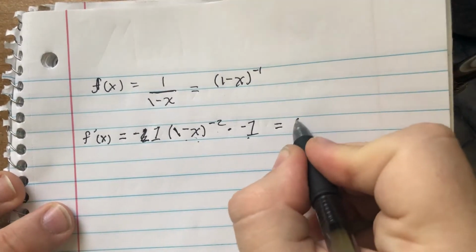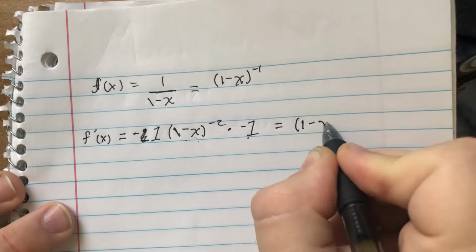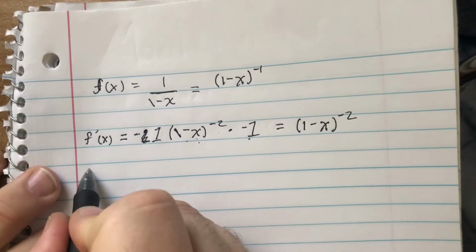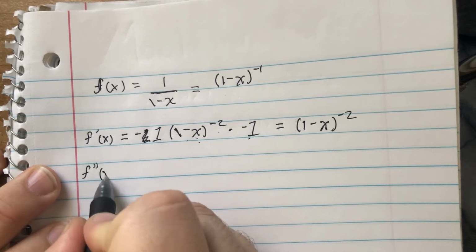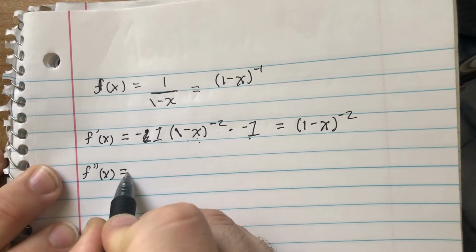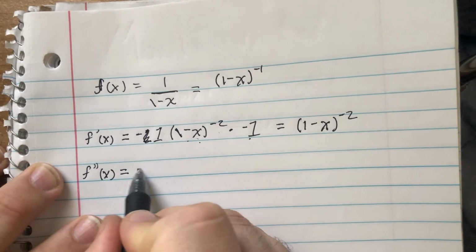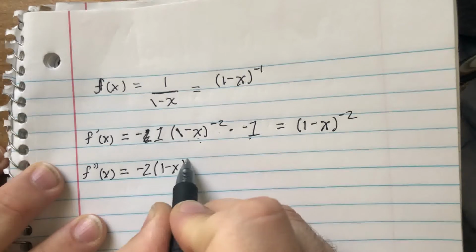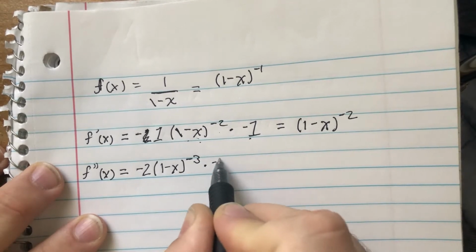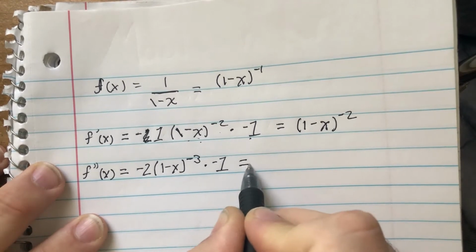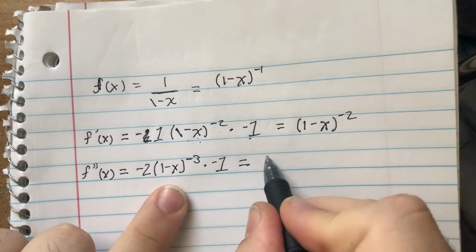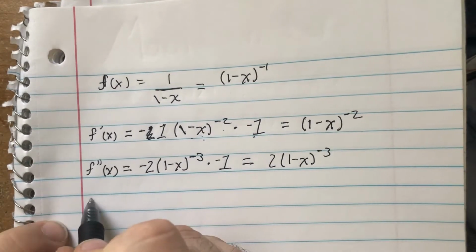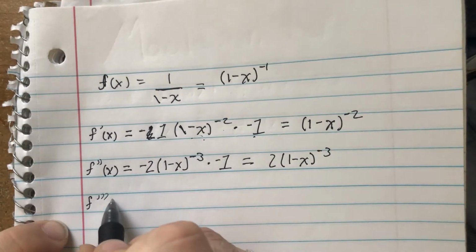So this gives us 1 minus x to the negative 2. Then our second one, we have f double prime. That's going to be negative 2, 1 minus x to the negative 3 times negative 1. And that's going to be 2, 1 minus x to the negative 3. Then f triple prime.